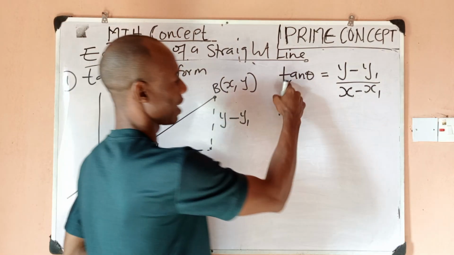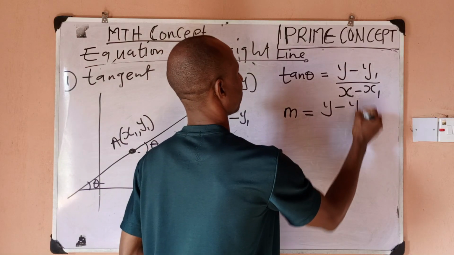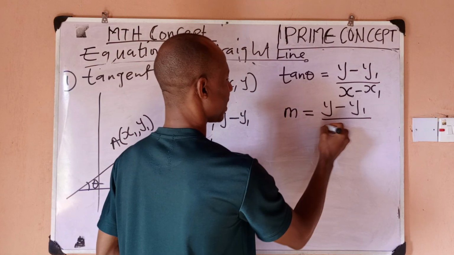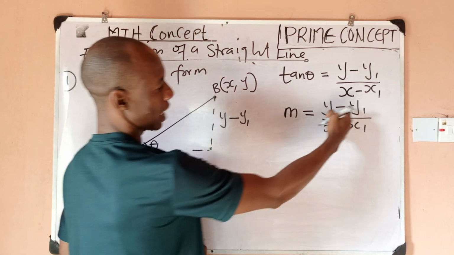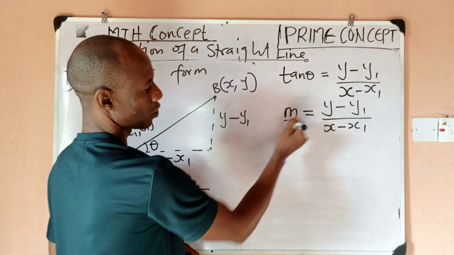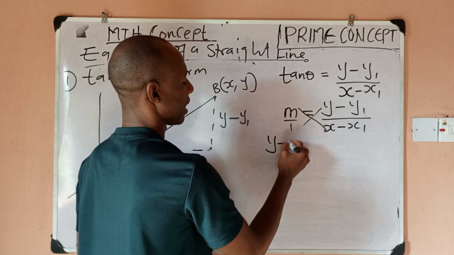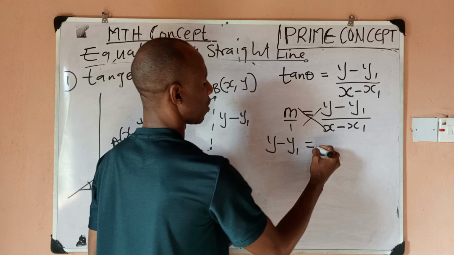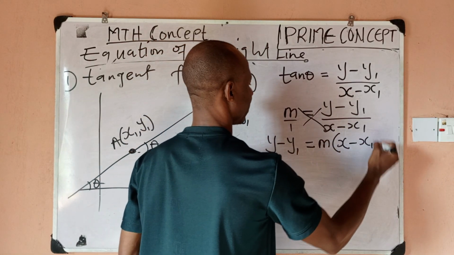So I can simply write m equals y minus y1 divided by x minus x1. If I cross multiply, I would have y minus y1 equals m into x minus x1.